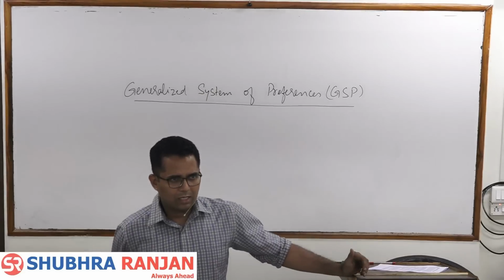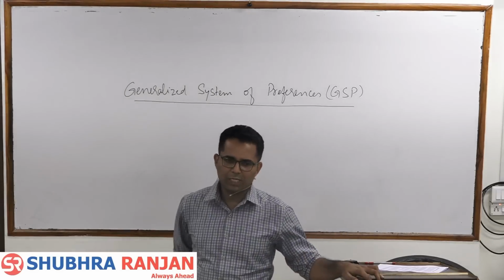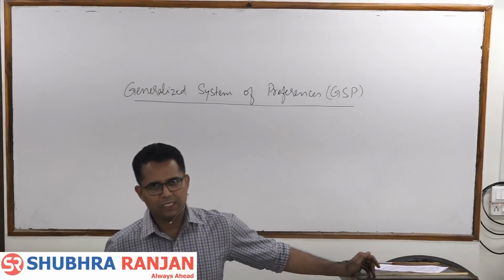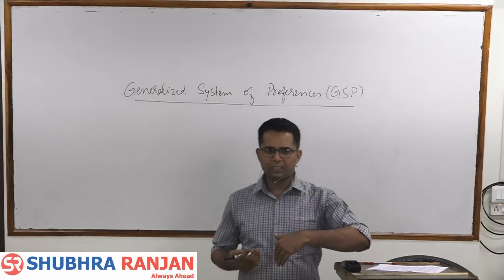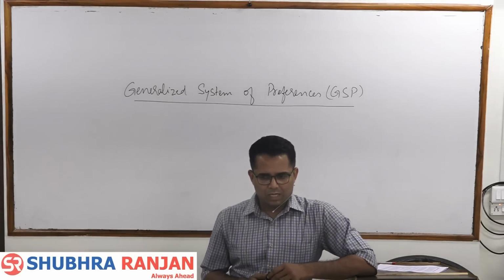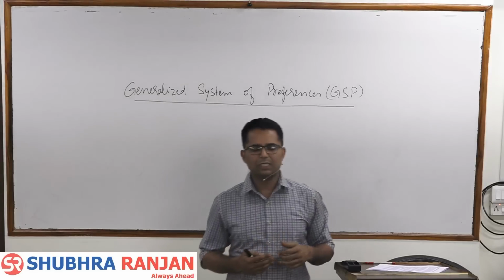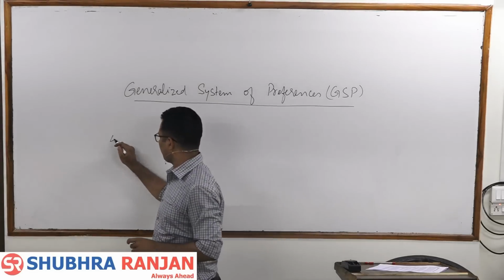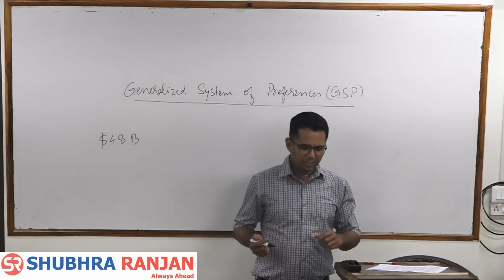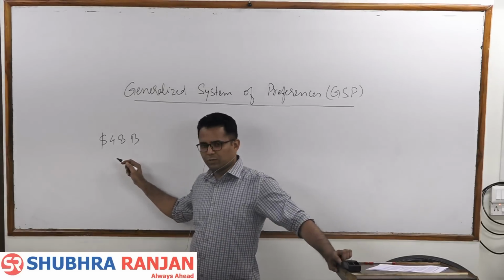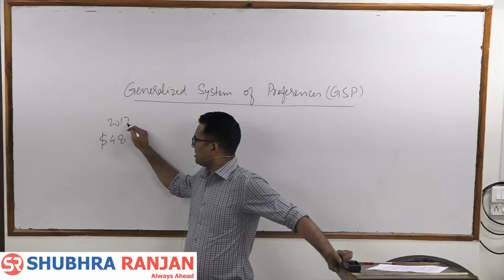Now, coming to the US GSP program, the US had included India among its GSP beneficiary countries. The US has around 120 beneficiary countries, of which India is one. Last year, US and India trade was around $48 billion, which was the exports India was doing to the US in 2017-18.